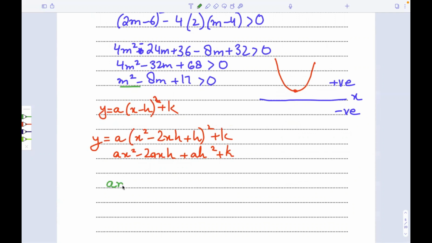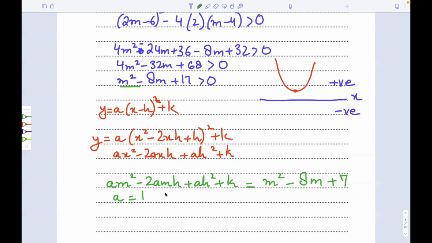So to find the values of a, h, and k, we can compare the equations that we have. This is the completed square form, and this is the equation that we have, which is m squared minus 8m plus 17. From this, we can deduce that a is equal to 1 because that is the coefficient of m squared.